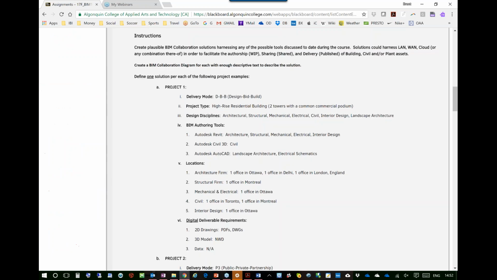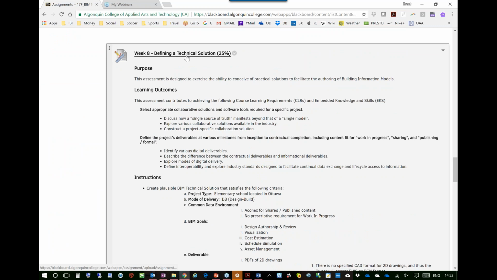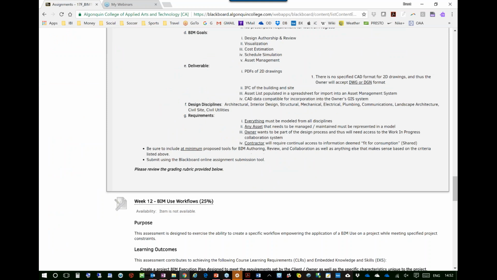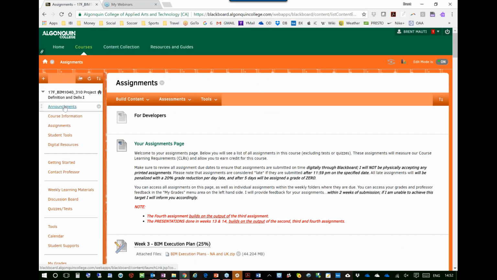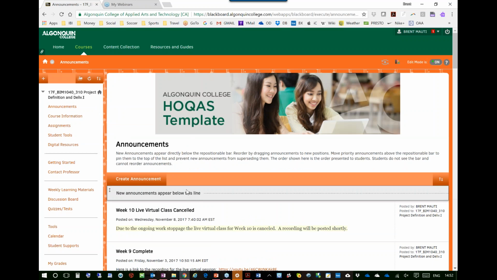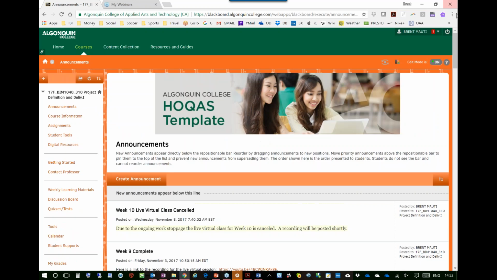Also, the assignment for week 8 has now been opened. Definitely this is working at defining a technical solution. Again, with the work stoppage, there are no fixed deadlines on any of these, but they are open. And I will update the announcement with the week 10 recording, as well as a reminder of the links as I did in week 9.